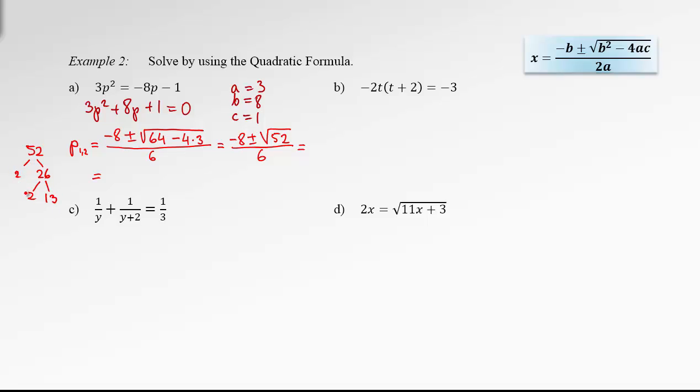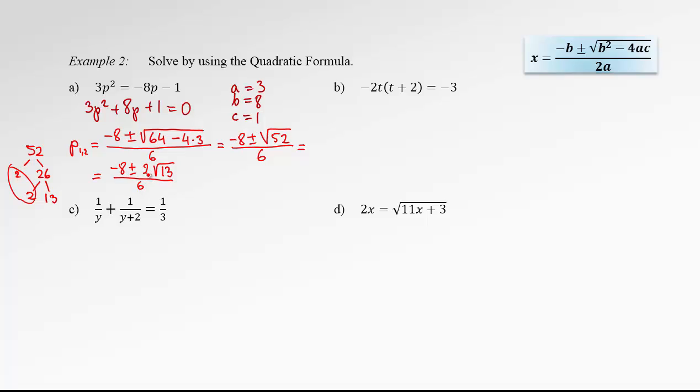So we can pull one 2 out of this pair of 2's. Therefore, we have negative 8 plus minus, pull the 2 out of the root, and under the root we have 13. Everything over 6. And then we need to check if it's possible to simplify this any further.